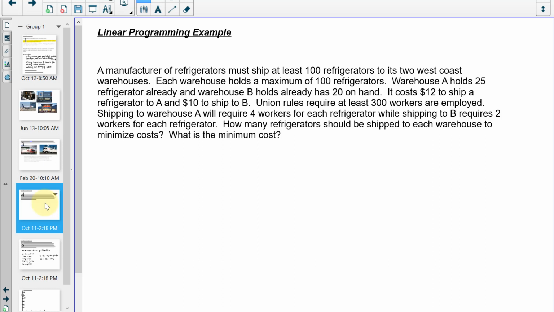But realistic linear programming questions could have thousands of variables and thousands of equations, and they have to be done on a computer to be more realistic, and it's only really solvable with a computer.